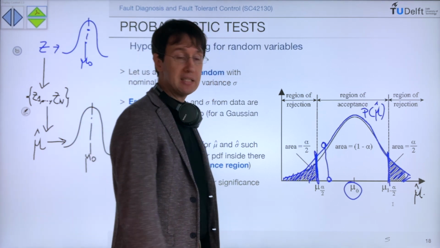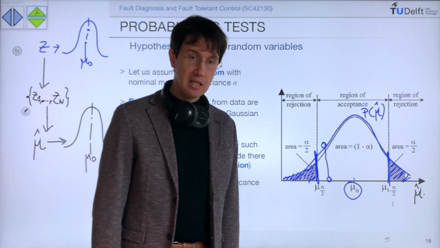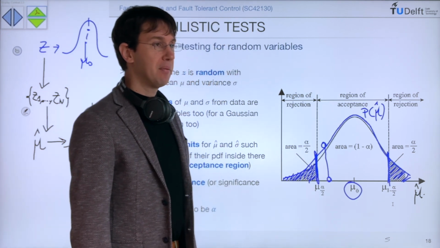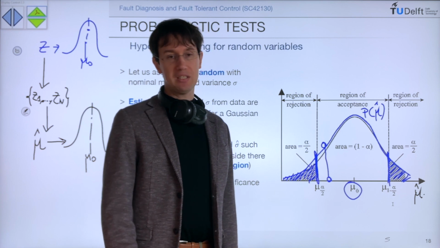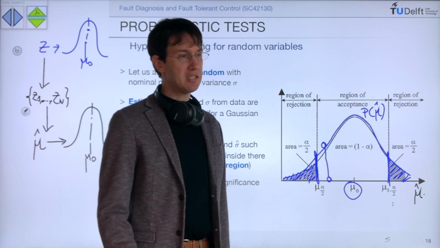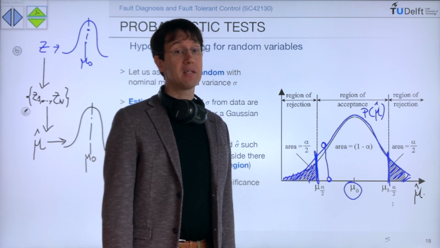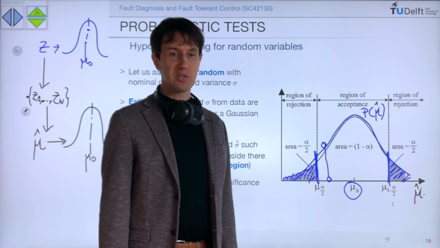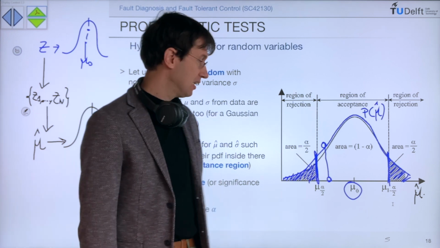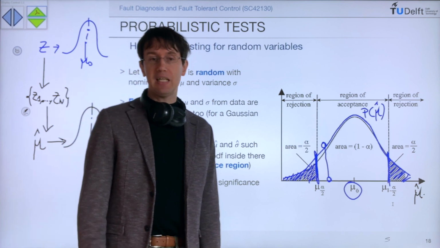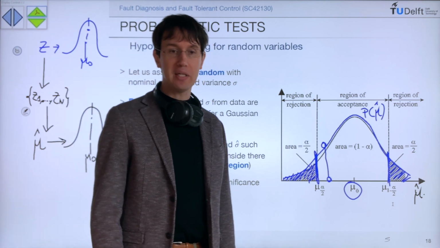And whenever you get a sample here or here, you say, look, I'm not sure, but with a very small probability, like 1%, your system is healthy. That was just bad luck with the noise in the system. Or your system is faulty. So now it is your turn to decide what to do. So probabilistic tests are actually doing that. You trade performance for certainty.